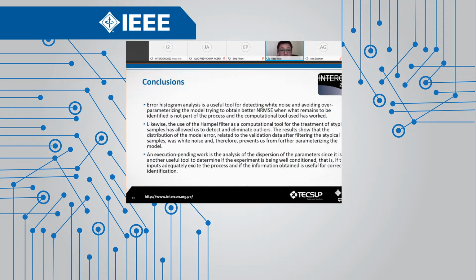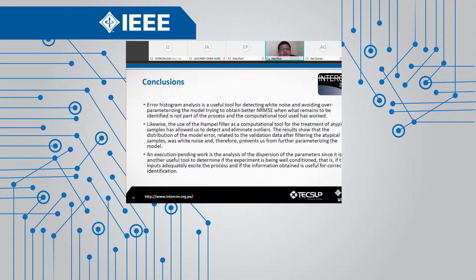The conclusion of our work is that error histogram analysis is a useful tool for detecting white noise and avoiding over-parameterizing the model while trying to obtain better NRMSE, when what remains to identify is not part of the process.